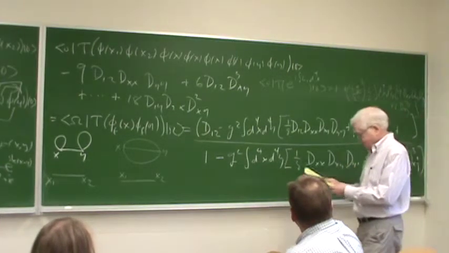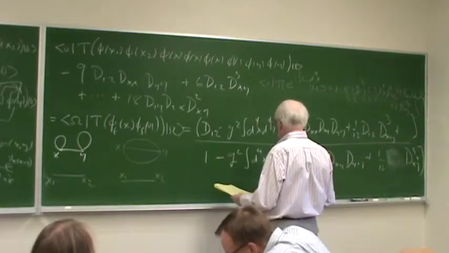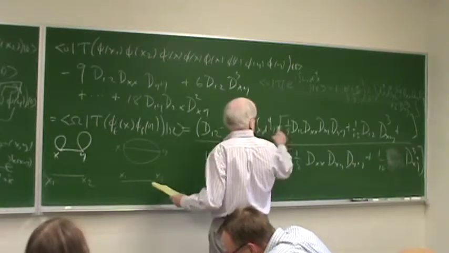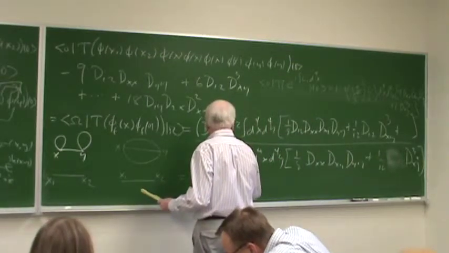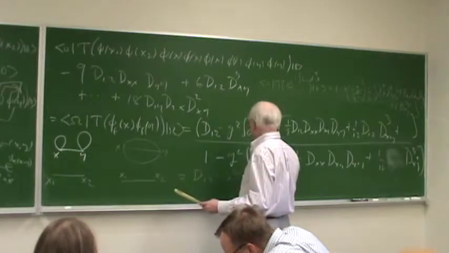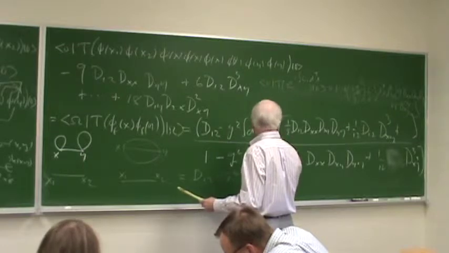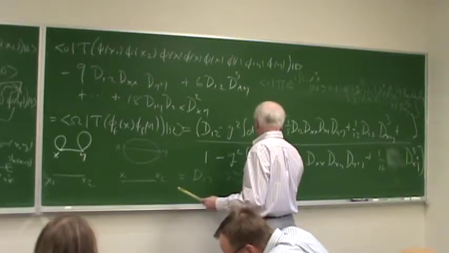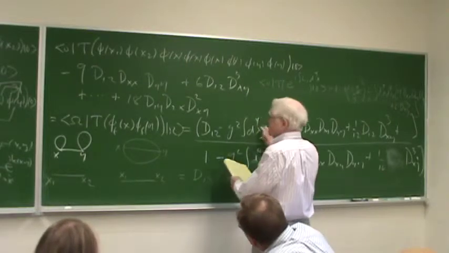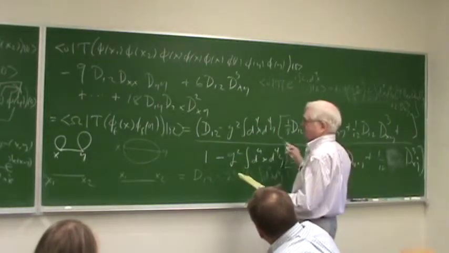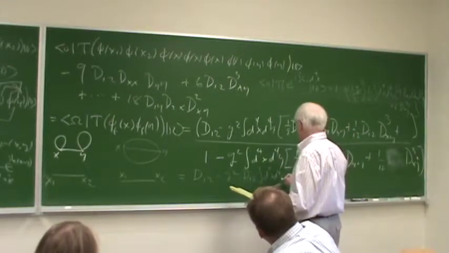Okay, so what happens as we write this? Well, it's the numerator term, which is d12 minus g squared d12, and then this integral over d4 of x, d4 of y. So these are the extra terms that came in. This is not the whole story. These are just the extra terms.